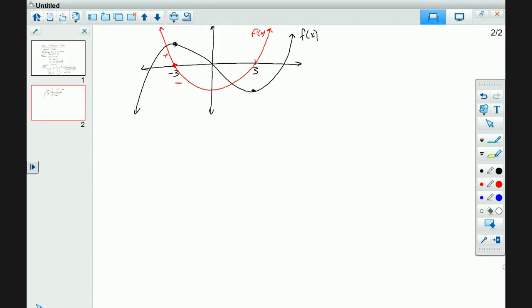So if you're given a derivative graph, you can identify a maximum just by looking at the sign change over the x-axis. And here we go from negative to positive. We know that negative to positive is a minimum.